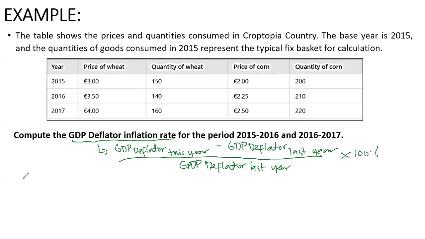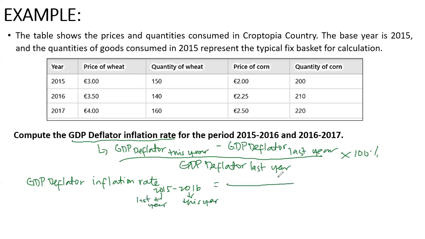So if you are going to get the GDP deflator inflation rate for the period of 2015 to 2016, this is your this year, while this is your last year.